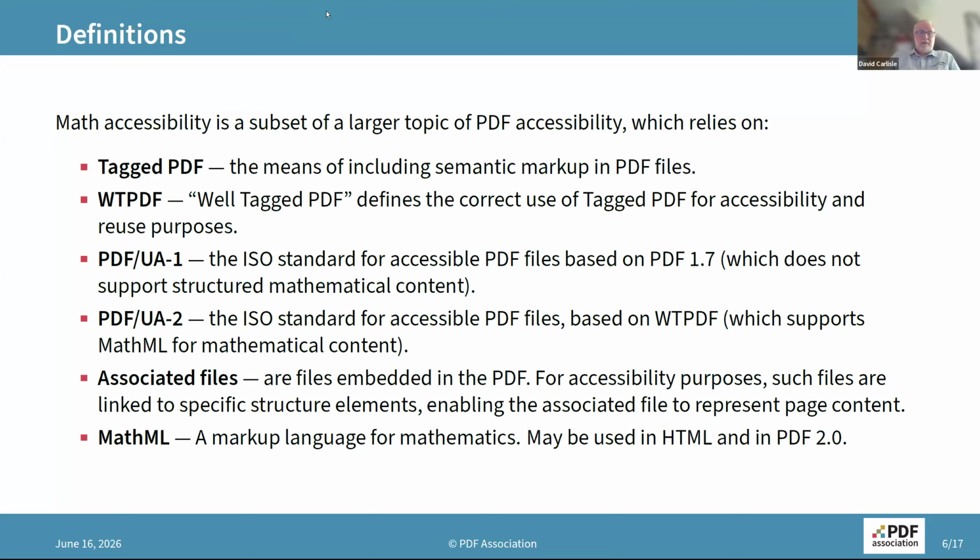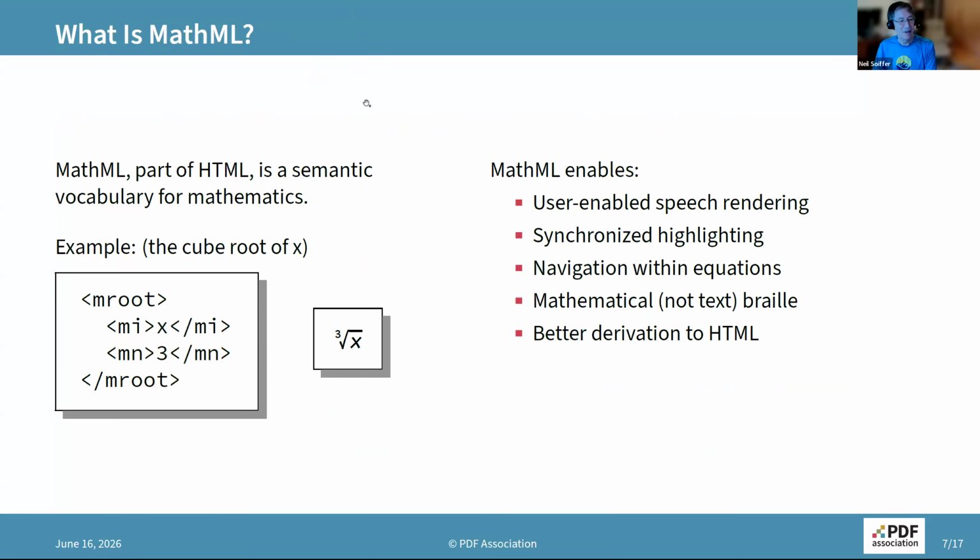MathML is a markup language for mathematics, it says here, and it was originally developed really for HTML, but it can also be used in PDF too. But there's a lot more about that. In fact, on the next slide, I believe Neil will take over on some MathML details. Over to you, Neil. Yep, thanks, David.